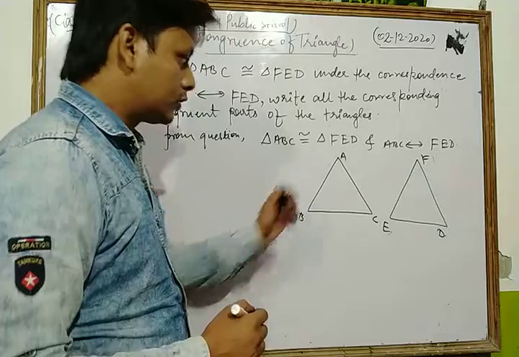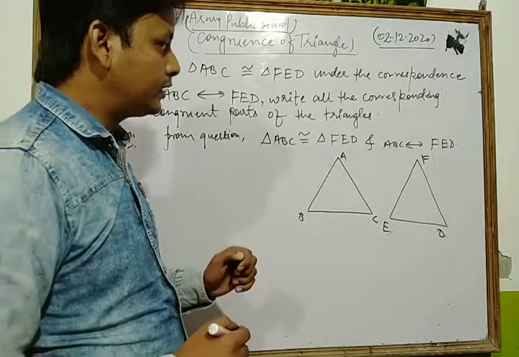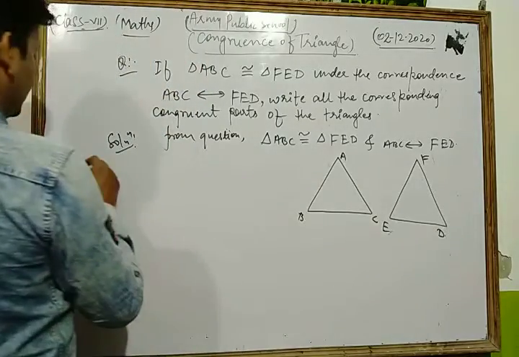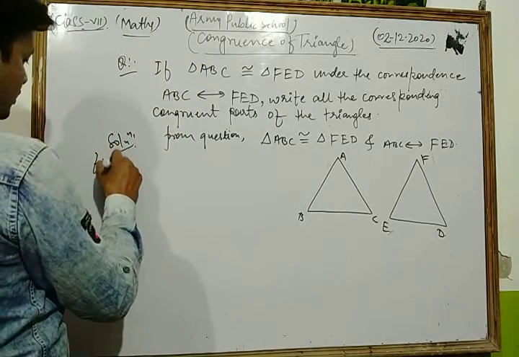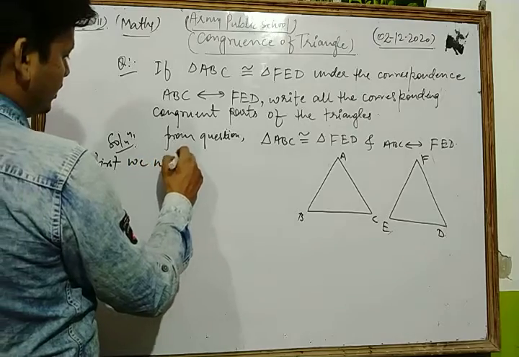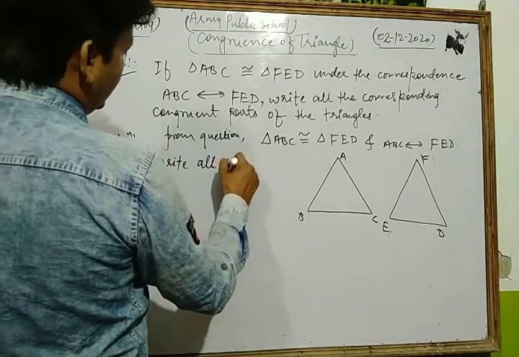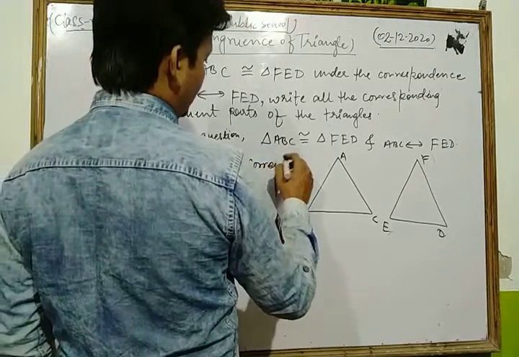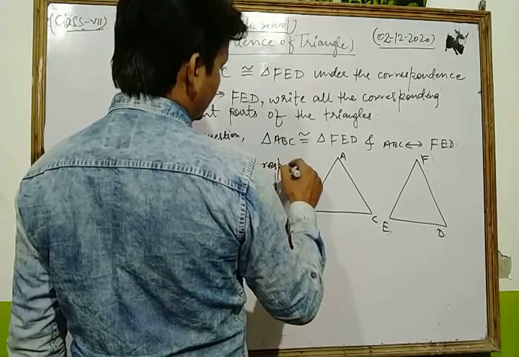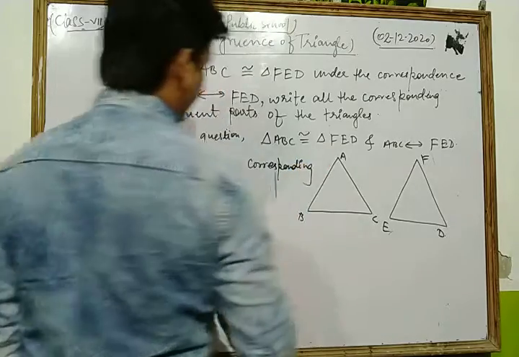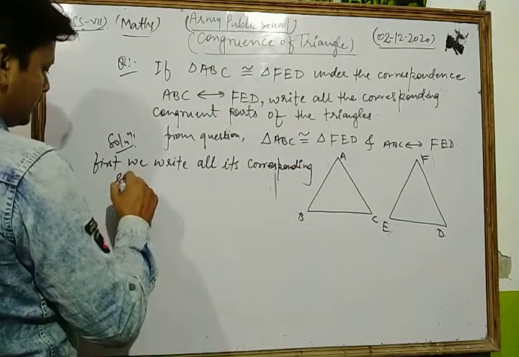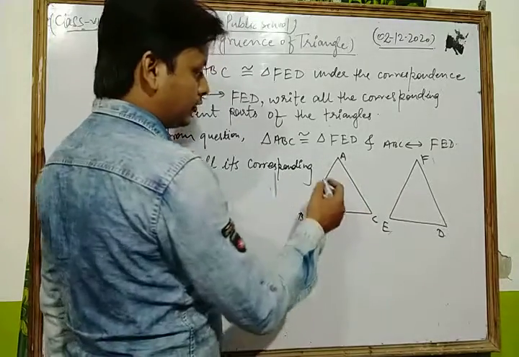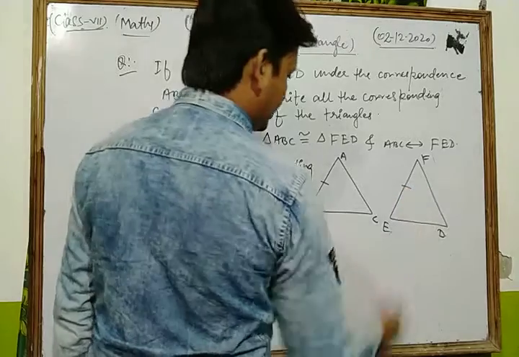Now look at the figure. What are their corresponding parts? First of all, we discuss their corresponding sides. AB is equal to FE.